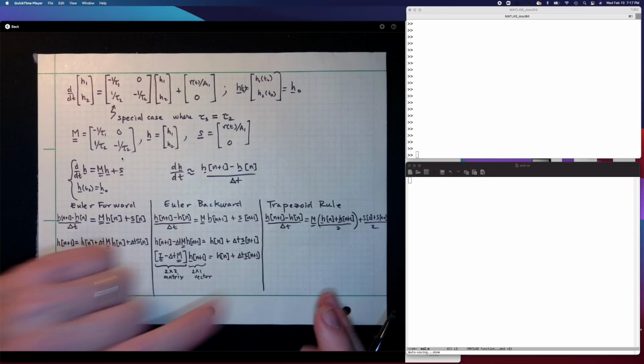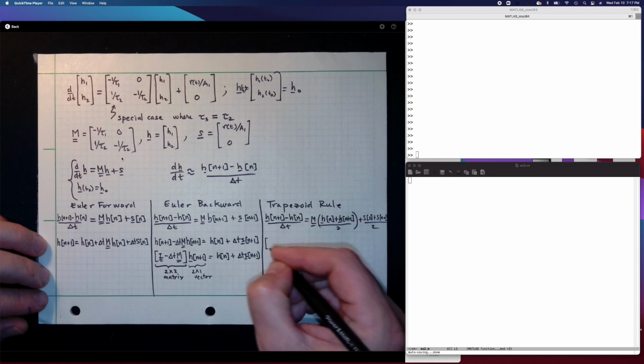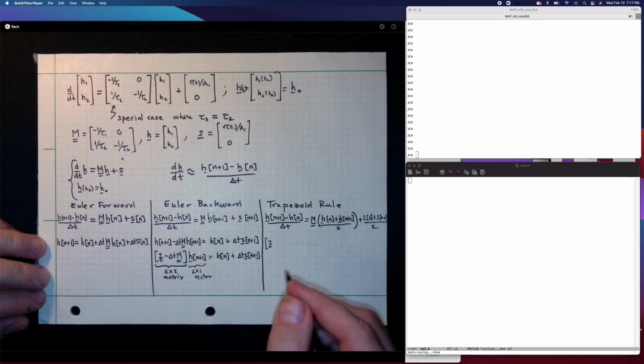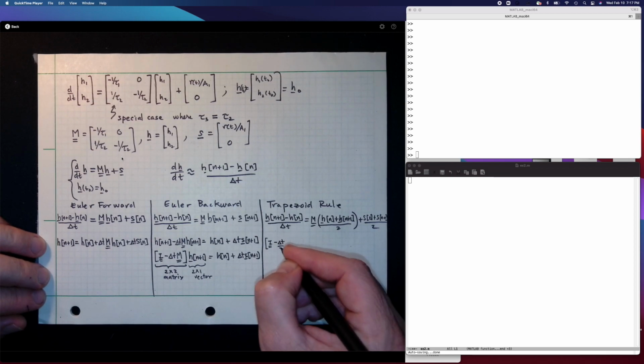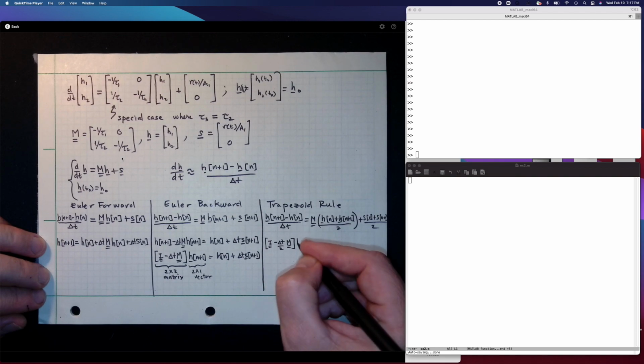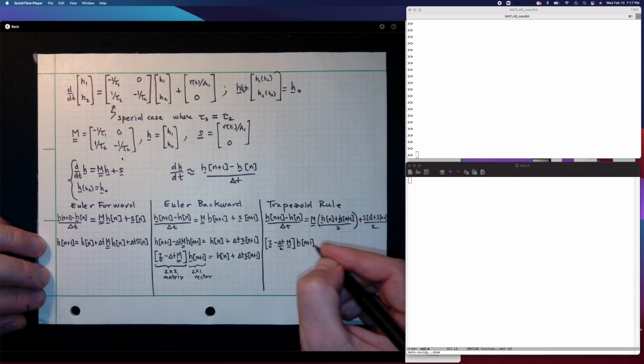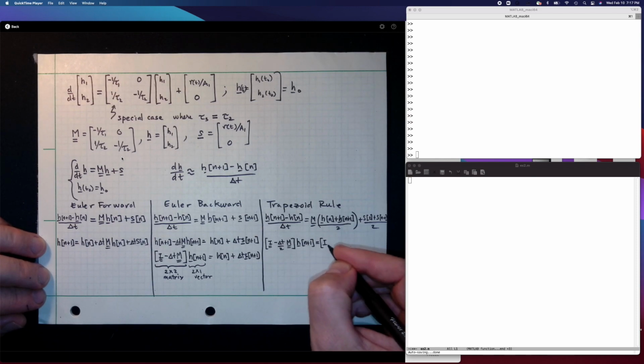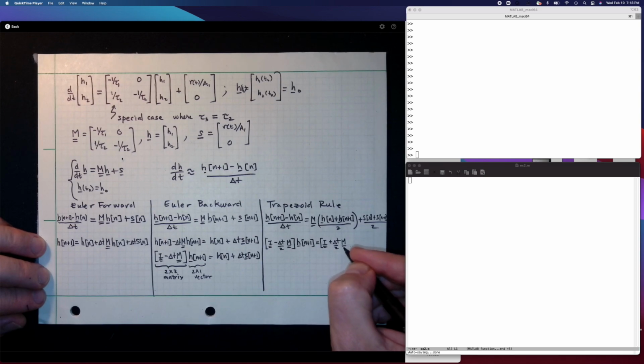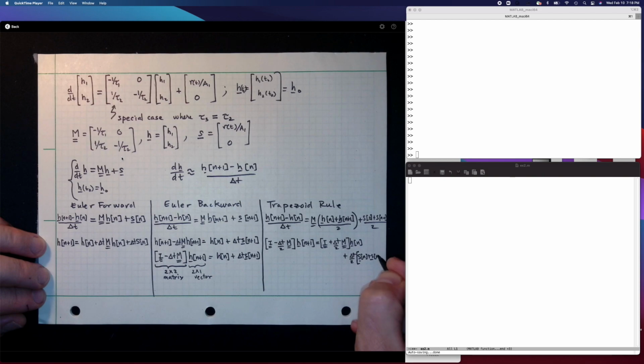The trapezoid rule is going to give us a different implicit scheme. So here, if I collect all the terms, I will have the identity minus delta t over 2 times m times h at n plus 1 is equal to the identity plus delta t over 2 times m times h at n plus delta t over 2 times s at n plus s at n plus 1.